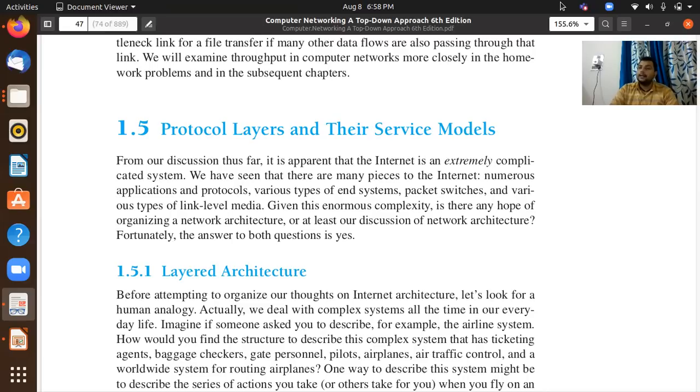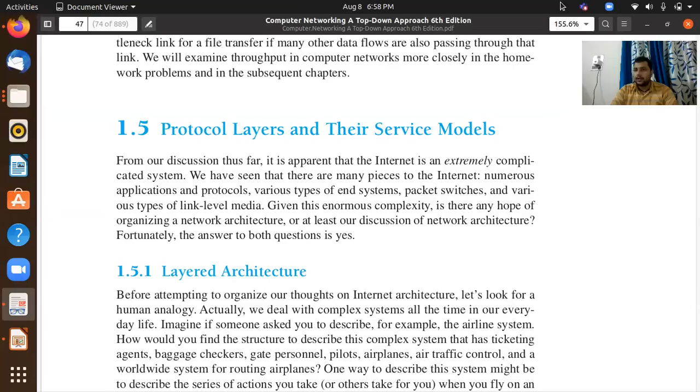So it is highly dynamic. It is not static. It is distributed in nature. It is not centralized. So in a way, it is highly complex in its architecture, in its design principle also.